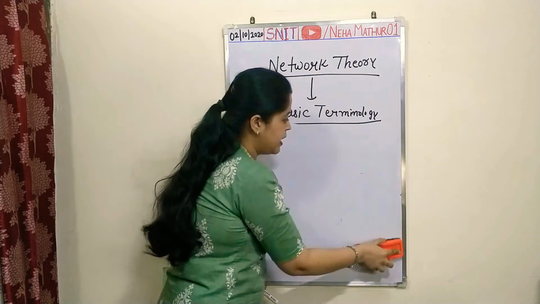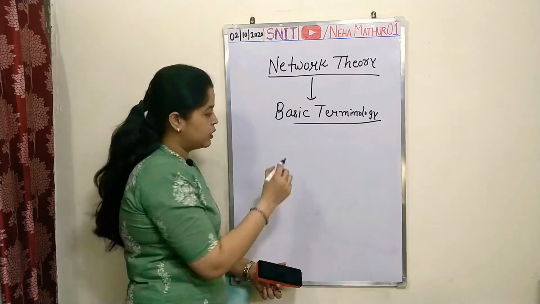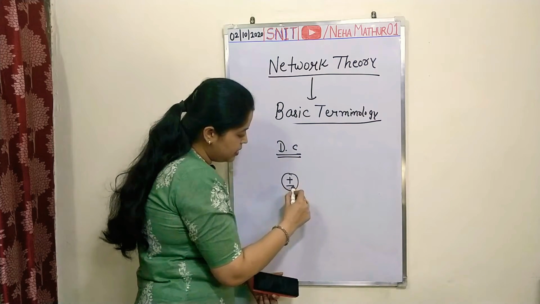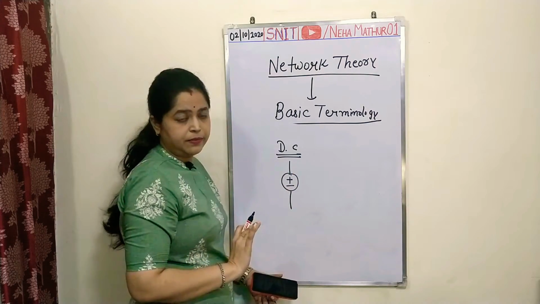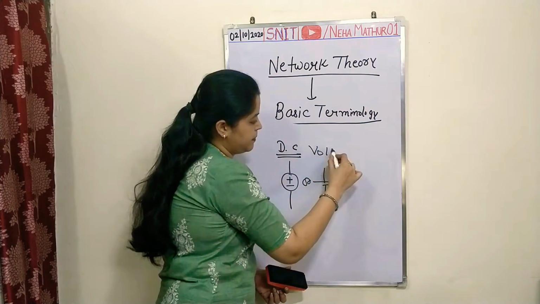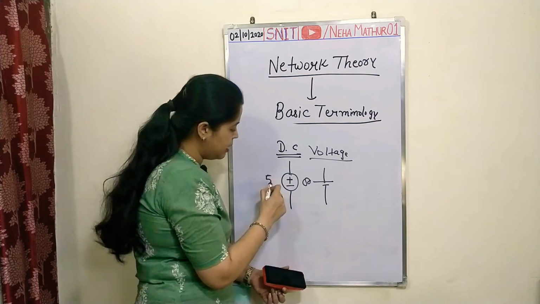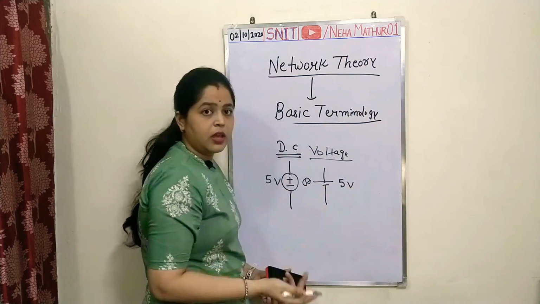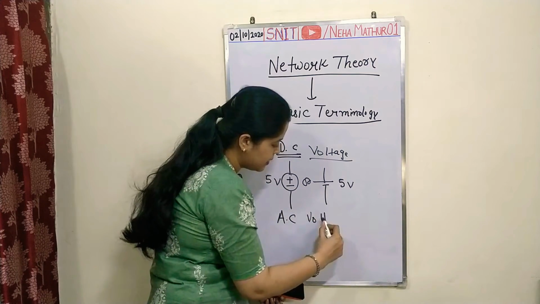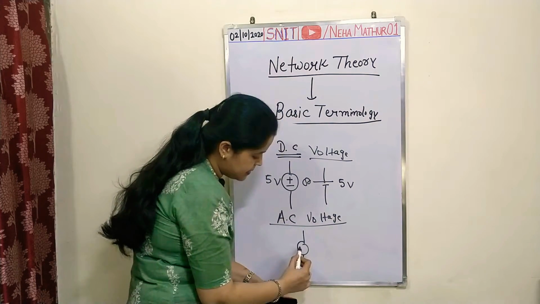One more thing that we are going to use in our network theory related to voltage sources: for the DC voltage source, we are going to mention it like this or like this. Suppose you are taking 5 volt, so we can go with this symbol or this. If you are going to represent an AC voltage source, then the symbol will be different, and it looks like this.